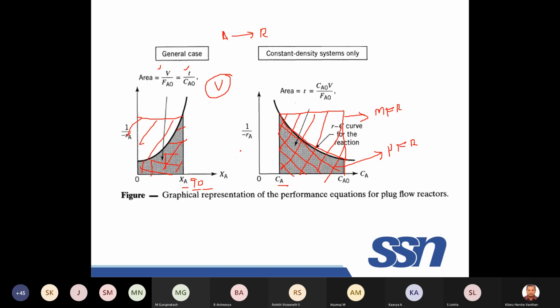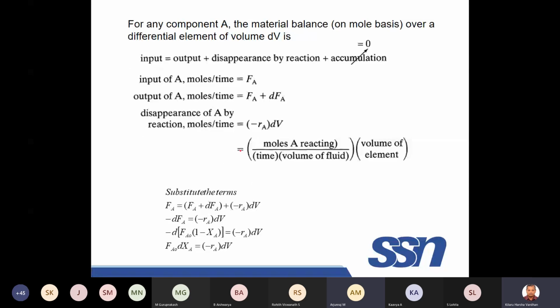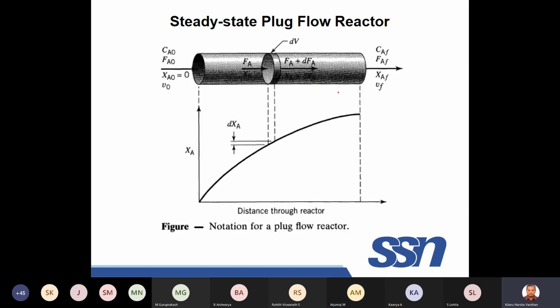Yes, there is accumulation in MFR. But we are taking accumulation as 0 for both, right? Here, PFR I am putting, here also there will be accumulation, because once something is going in, something is coming out.